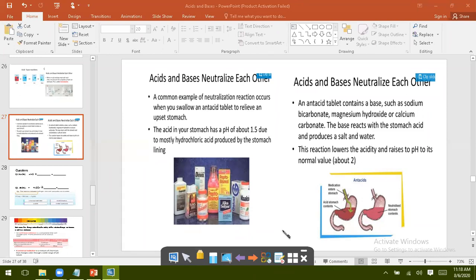The base reacts with the stomach acid and produces water, so neutralization takes place. The reaction lowers the acidity and raises the pH to its normal value of about 2. So a pH of 2 is less acidic than 1.5.